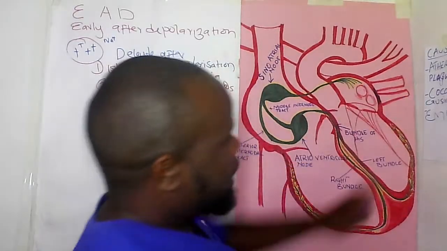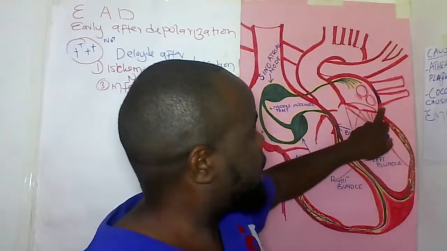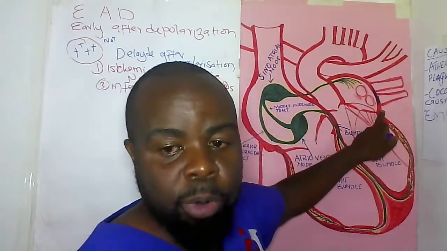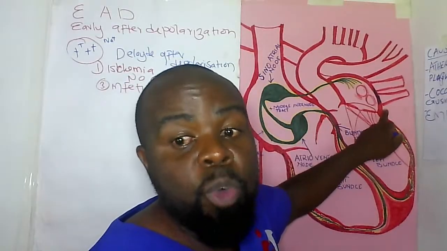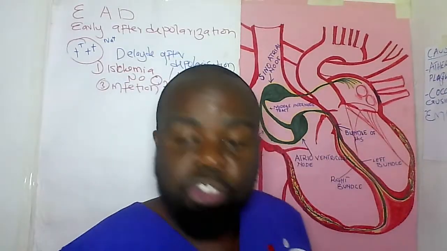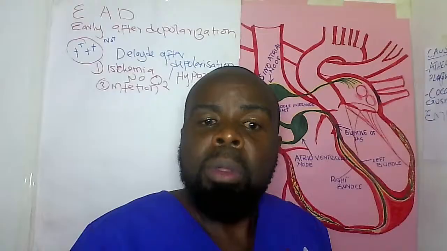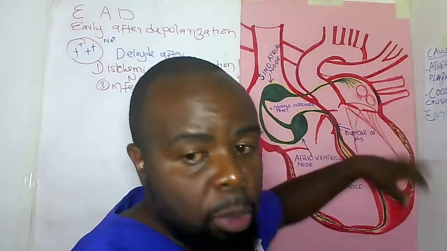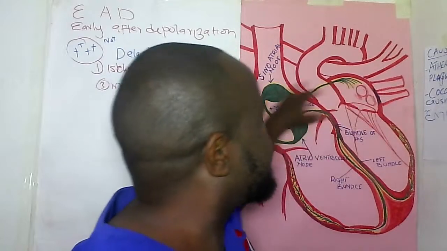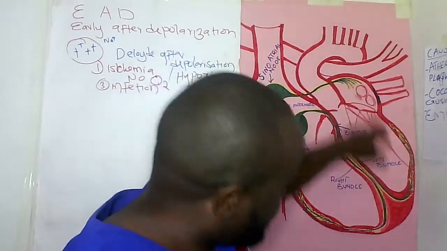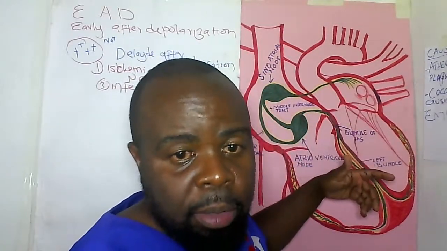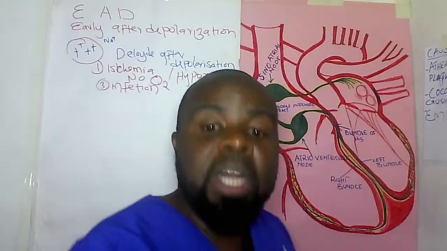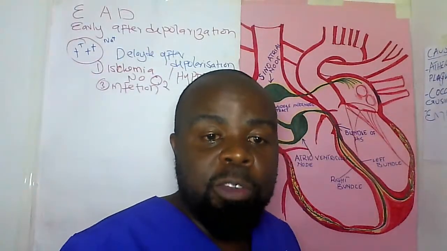The Kent bundle is like a sinoatrial node producing electrical waves that should not be there. So when you have it, it produces waves. The normal wave, when it beats, goes directly through the heart. That is focal atrial tachycardia. But when they are many, we said they are multifocal.